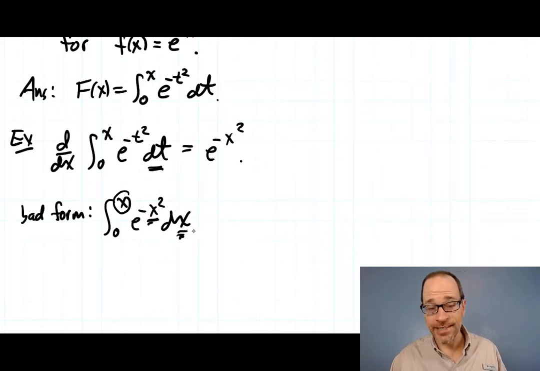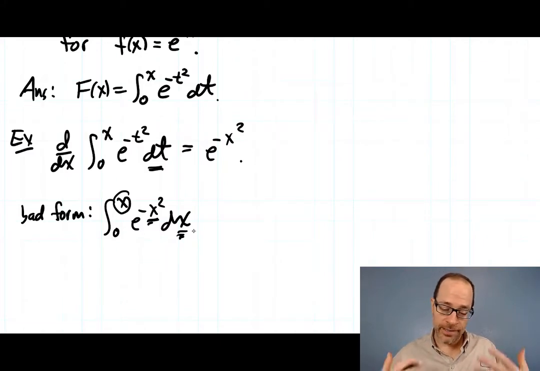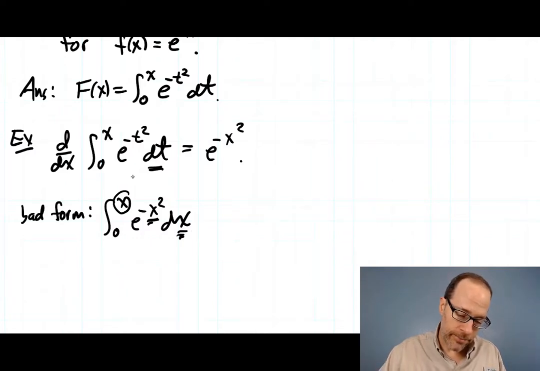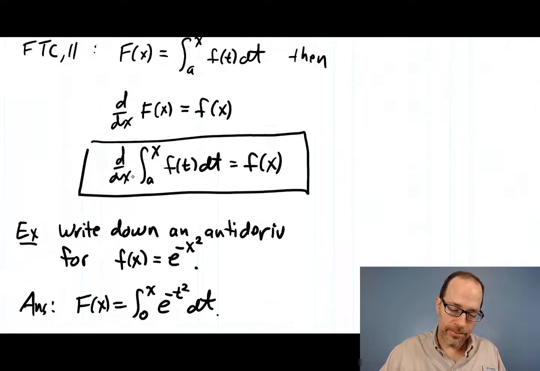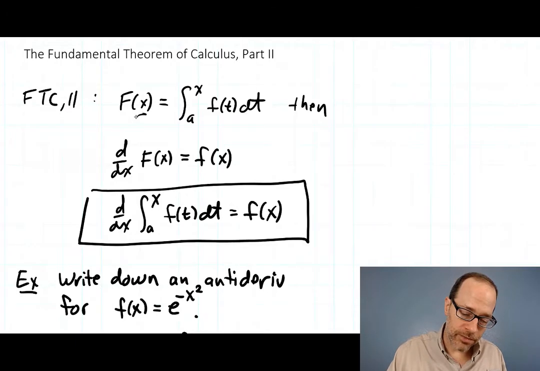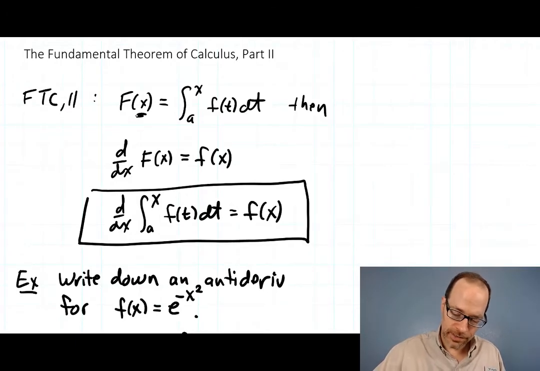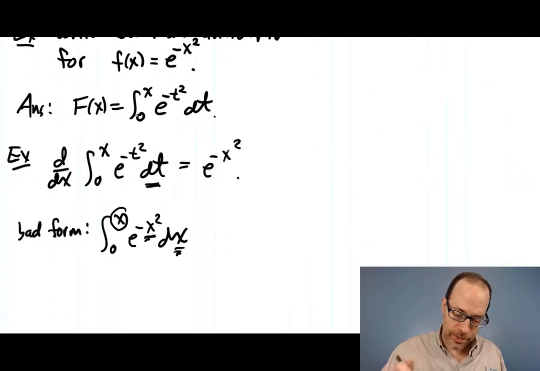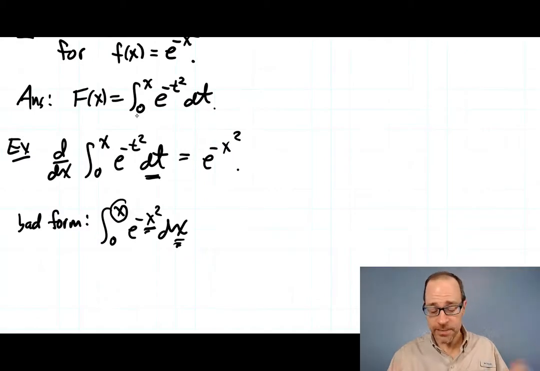The underlined x's are just dummy variables. I could change them to any letter I want, t's or y's or u's. But this x is, as we said up here, it's actually the input for this function here. And so it gets confusing when you have x, the same letter, being used in different places for different meanings.